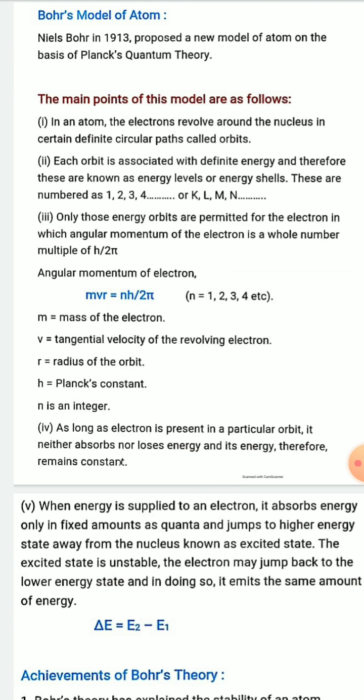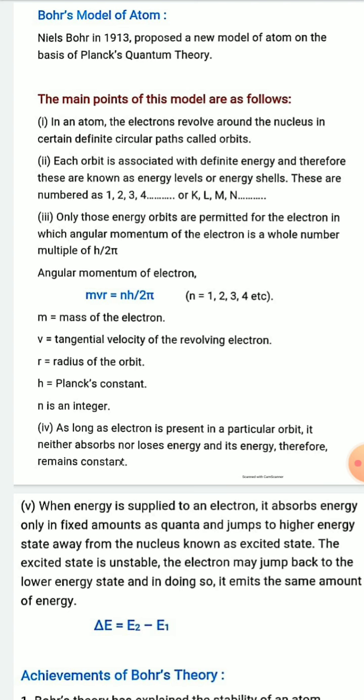This is the most important point of Bohr's atomic model. Only those energy orbits are permitted for the electrons in which the angular momentum of the electron is a whole number multiple of h by 2 pi.